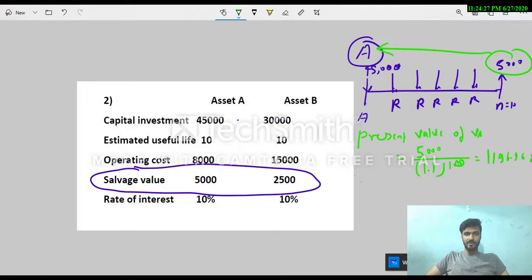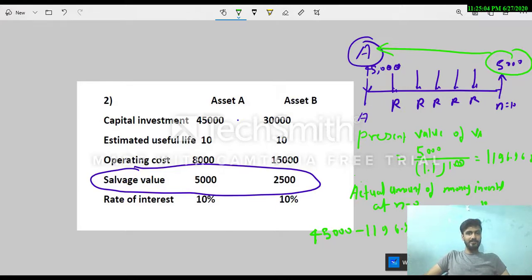Now how much money you are actually going to invest matters. So the actual amount of money invested at n equals 0 will be 45,000 minus 1196.96, that is equals to, my dear student, RA into 1.1 to the power 10 minus 1, the same thing that I have done in the earlier example, upon 0.1 multiplied with 1.1 to the power 10.